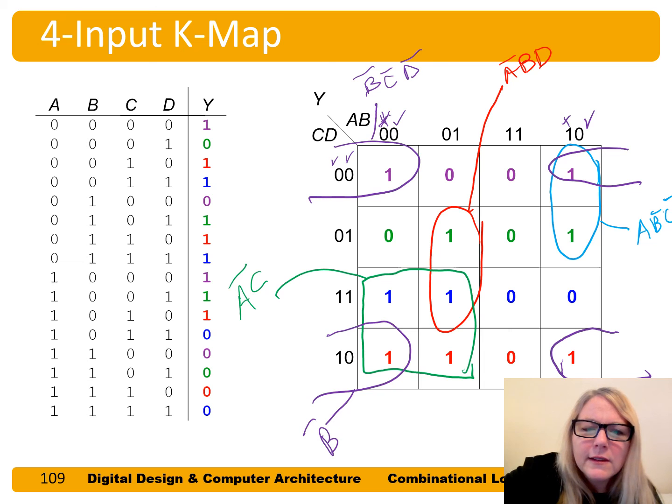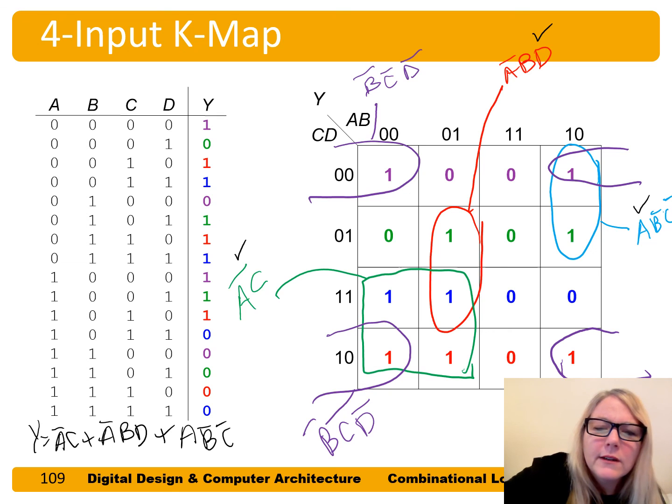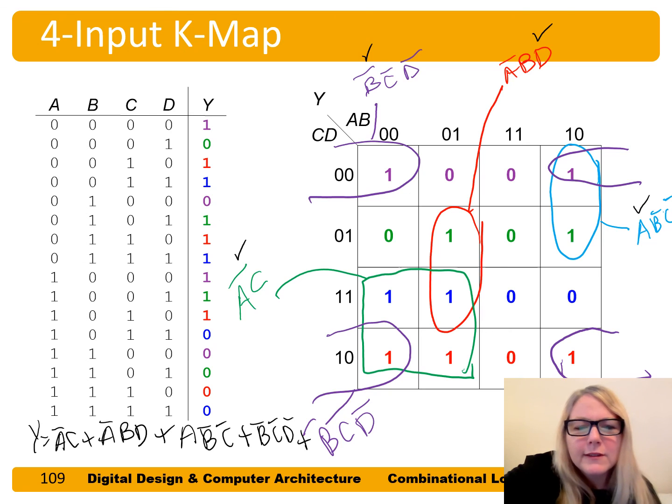Complement form of B, true form of C, complement form of D. Okay, so we put all of those in, and now we can OR these terms together, and we would get y equals A bar C, or A bar B D, or A B bar C bar, or B bar, C bar, D bar, or this last term, B bar, C, D bar.